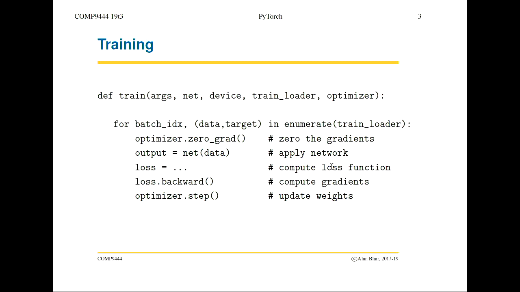So if I call loss.backward multiple times with different loss functions, it'll just accumulate those gradients, but not actually change the weights. It's only when I call optimizer.step that it actually updates the weights based on the gradients.